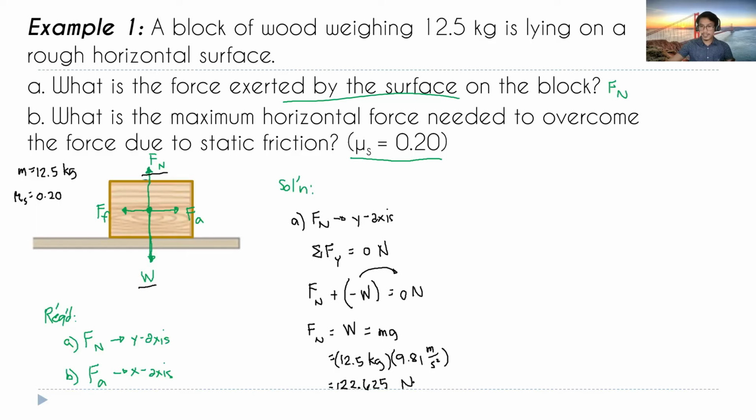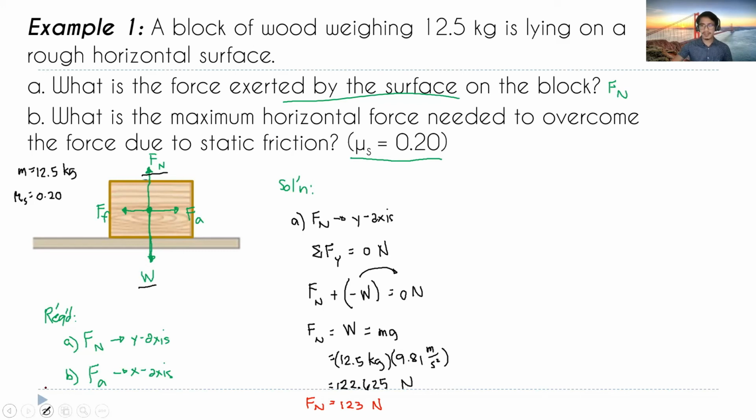Now take note of the number of significant figures. We need 3 significant figures, so our final answer should have 3 significant figures. So Fn is equal to 123 Newton. This is our final answer for the normal force, 123 Newton.